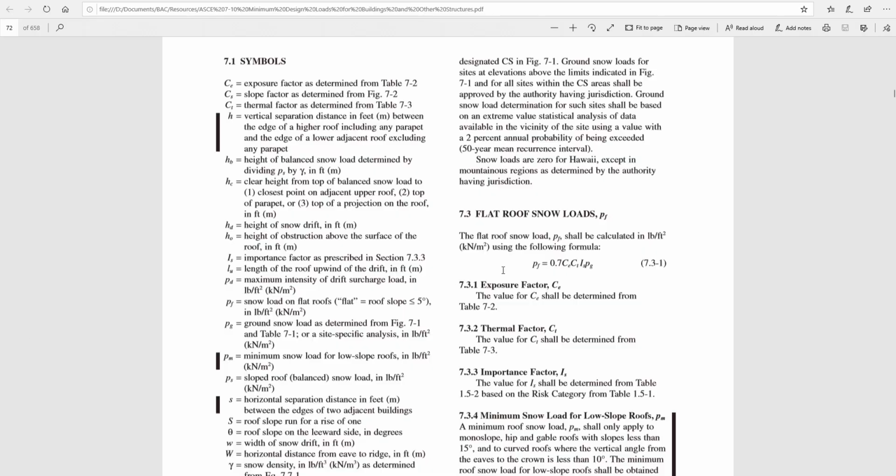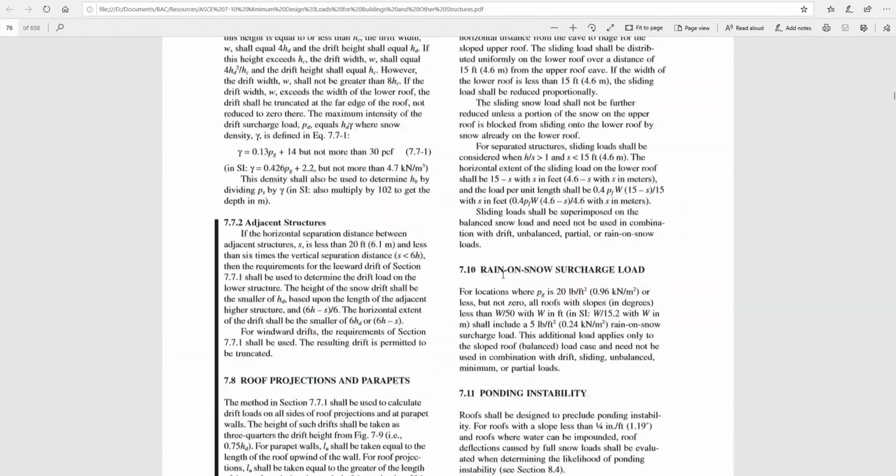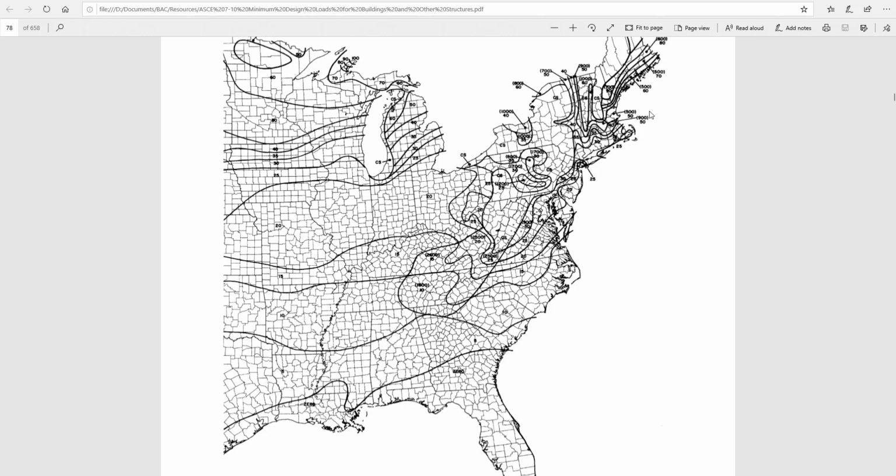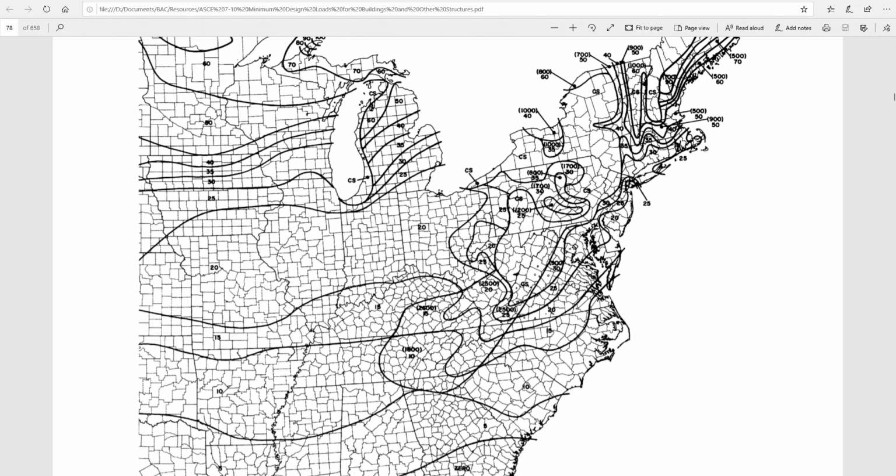So scrolling back to the maps, these can be pretty difficult to read, but if I zoom in on Massachusetts, I think it's pretty safe to say that we are somewhere in this 40 pounds per square foot region. And so that is our ground snow load.